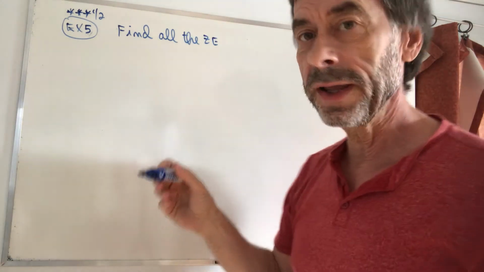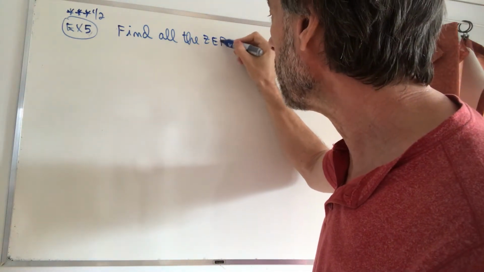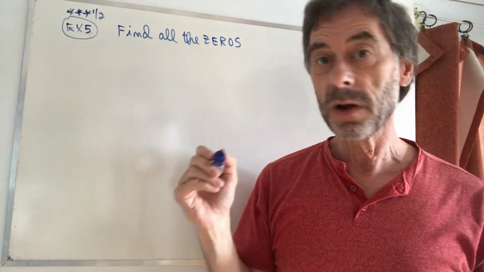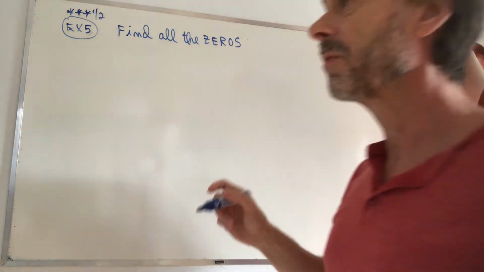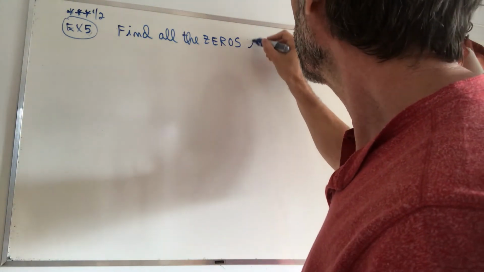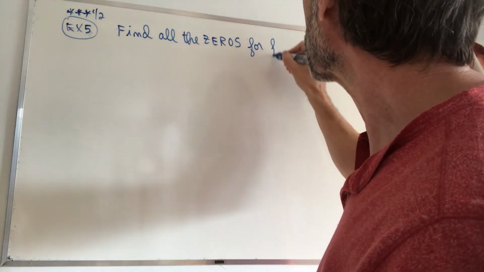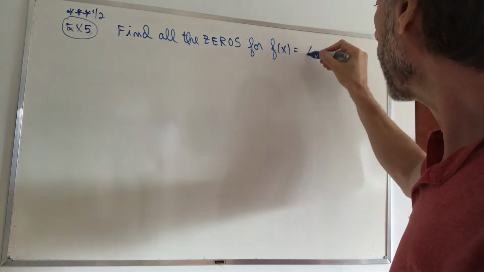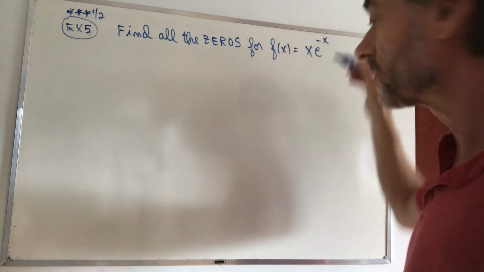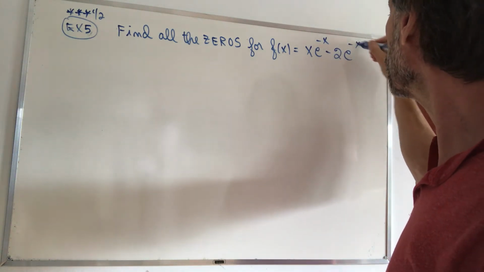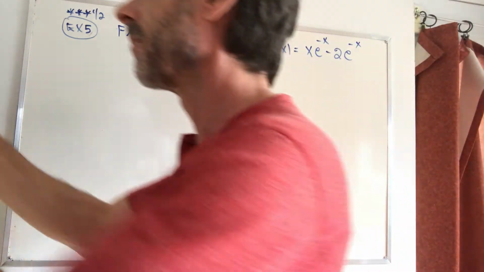So here I'm wording the question in a slightly different way, but you'll see that it is quite the same thing as what we've done before. Find all the zeros of, what's the function that I have here? f of x equals x e to the minus x minus 2e to the minus x.